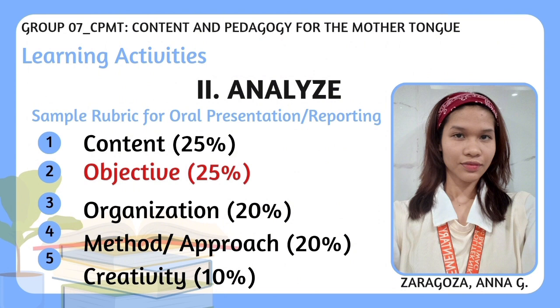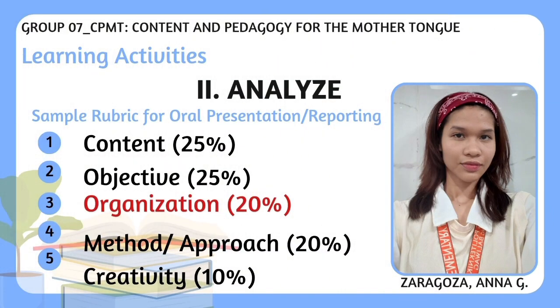Next is the objective, which also contains 25% of the overall score. This likely refers to how well the project meets its intended objectives or learning goals. It could encompass whether the project fulfills the requirements and objectives set forth by the assignment or the curriculum.